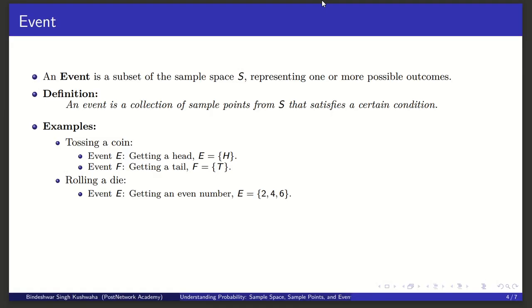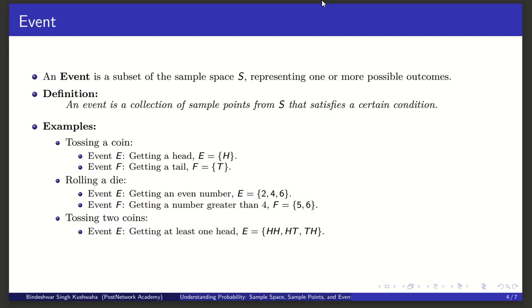Rolling a die, getting an even number. Even number means 2, 4, 6. That is an event. Getting a number greater than 4. There are two sample points, and that is an event F. Tossing two coins, getting at least one head means HH, HT, TH, and there are four points in the sample space, but three are satisfying that criterion, getting at least one head.